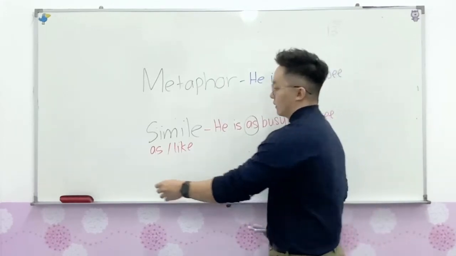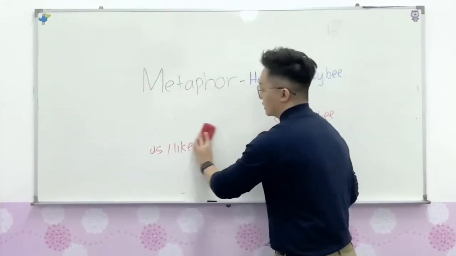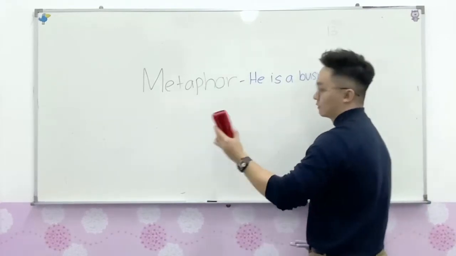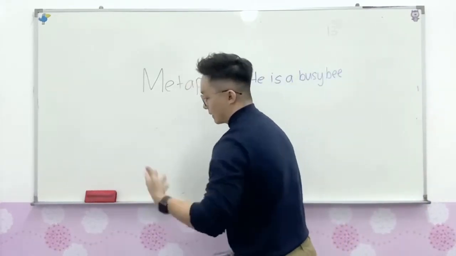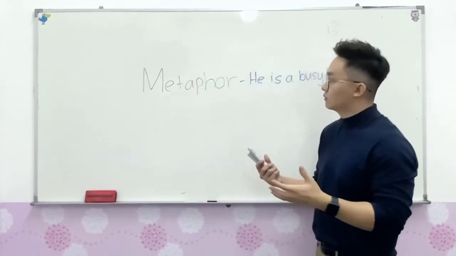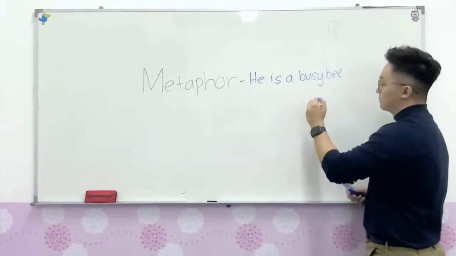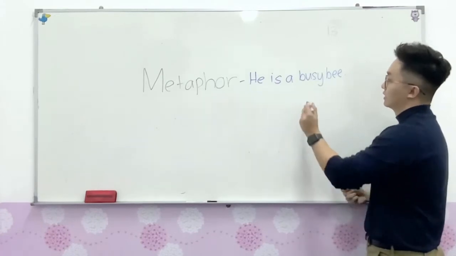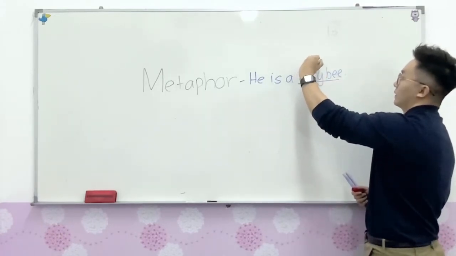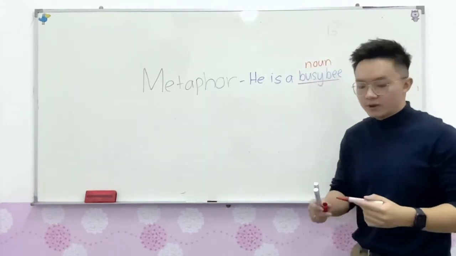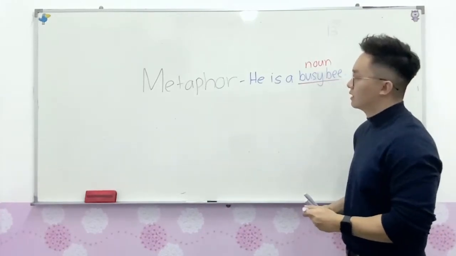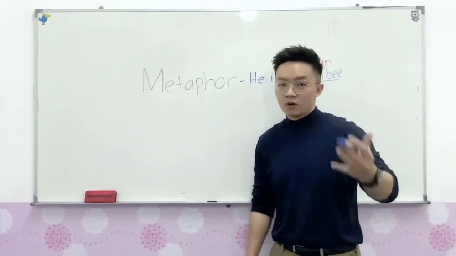So the question is, what kinds of metaphor are there? You can use it for different situations. For example, this busy bee, it's a noun. Let me make one more example. Let's say I have a lot of homework.